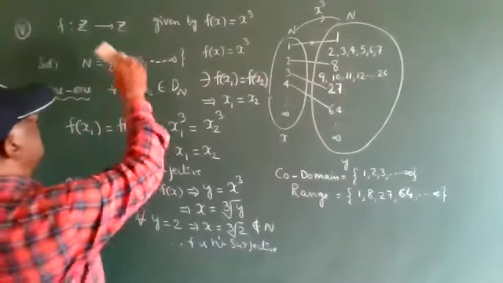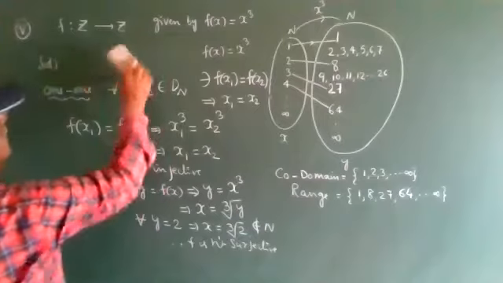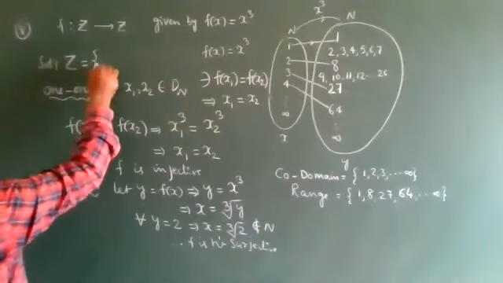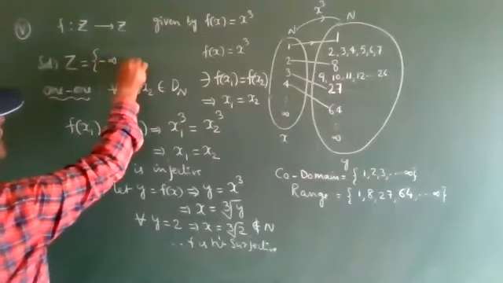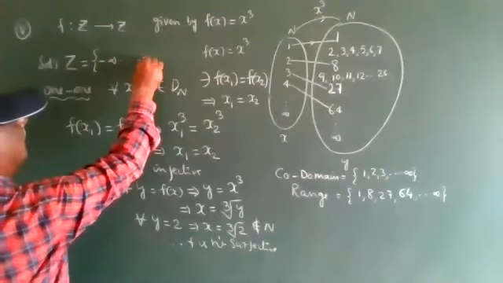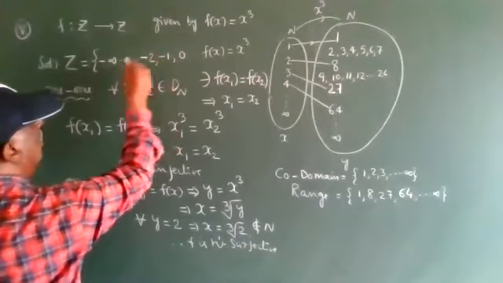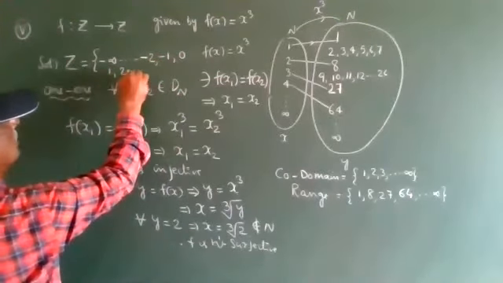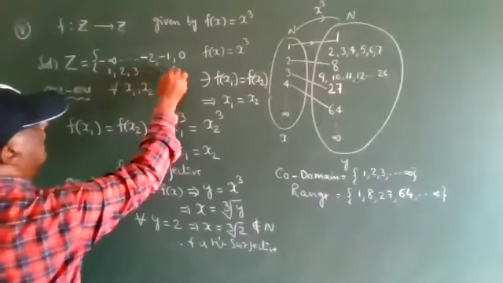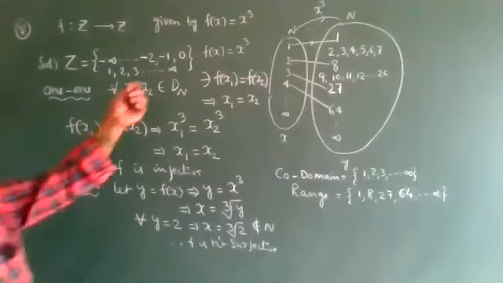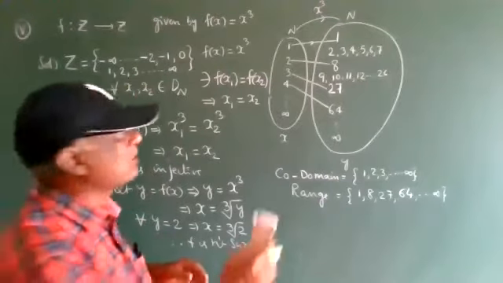Integers means write down numbers: minus infinity, etc., minus 2, minus 1, 0, 1, 2, 3 up to infinity. This is called integers. The function is the same, f of x is equal to x cube.